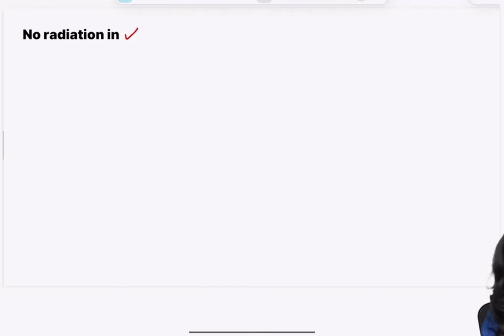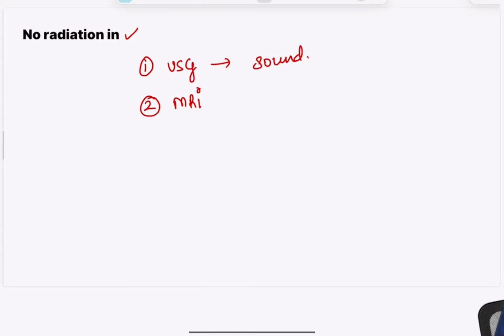Now, a very important and frequently asked question: there is no radiation in which modalities? Very important, remember, USG, ultrasound, and MRI have no ionizing radiation. That means they are not causing damage, because ultrasonography is basically using sound waves and MRI uses radio waves, which are non-ionizing.